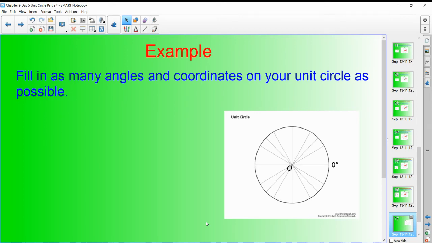Which angles match up, for example, 30 and 150 and 210 and 330, and fill in this unit circle. There probably will be still one more line where we talk about radians in the next lesson, but for right now, I want a whole bunch of coordinates and a whole bunch of angles. Take your time. When you're ready, you can unpause the video, and I'll have a filled in unit circle for you to take a look at.